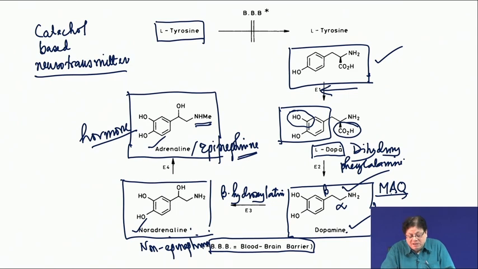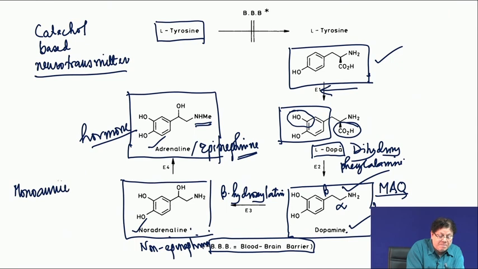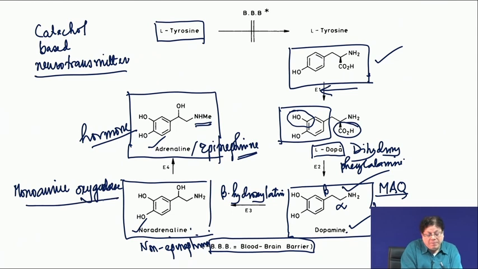What it does is it destroys the primary amines if they are generated. So, there are two ways by which dopamine concentration can be low.